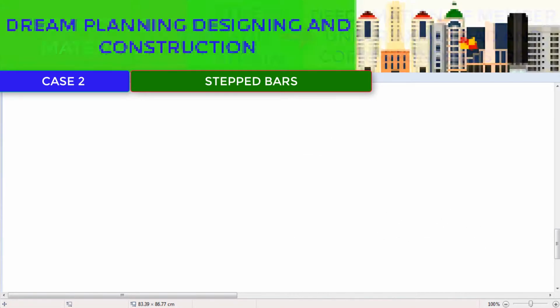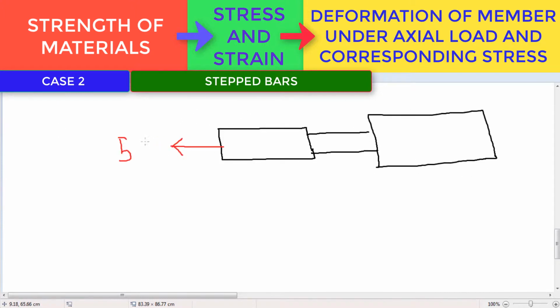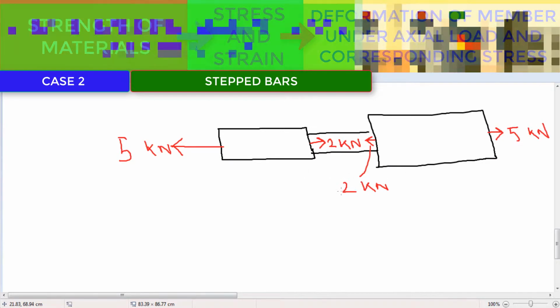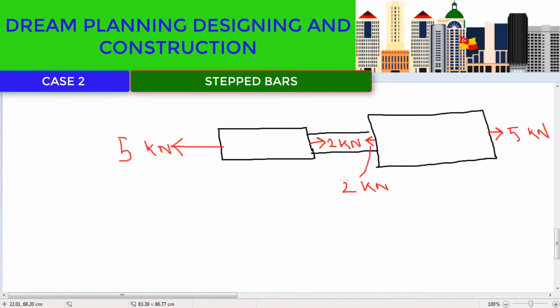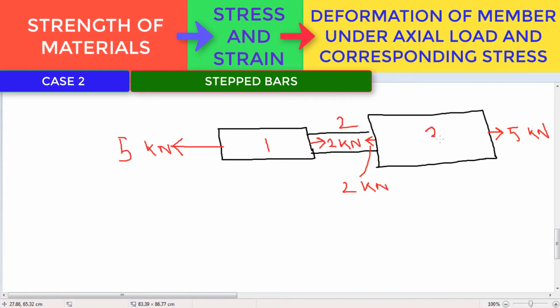In the stepped bar case there is a different case, like this. For this case we have to determine the total del. So we first have to determine each member's deflection. Suppose we denote member 1, member 2 and member 3.